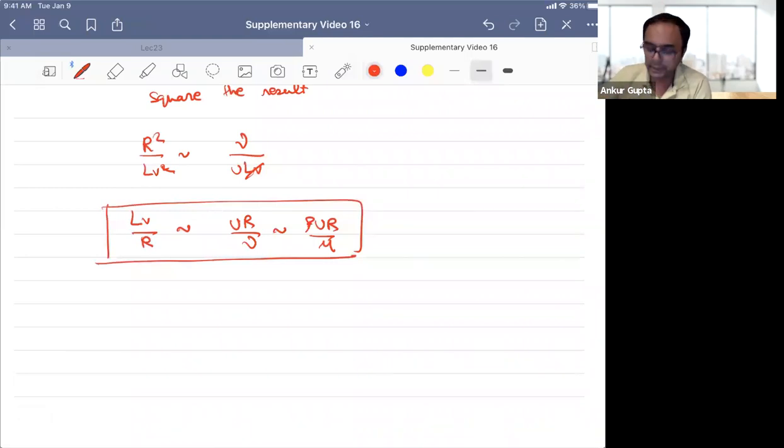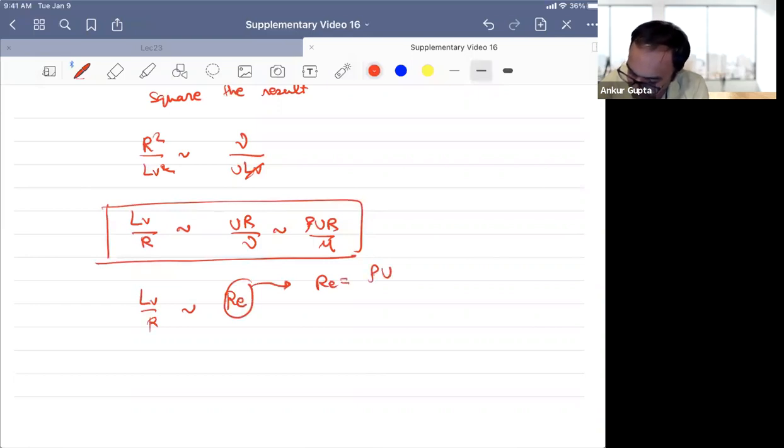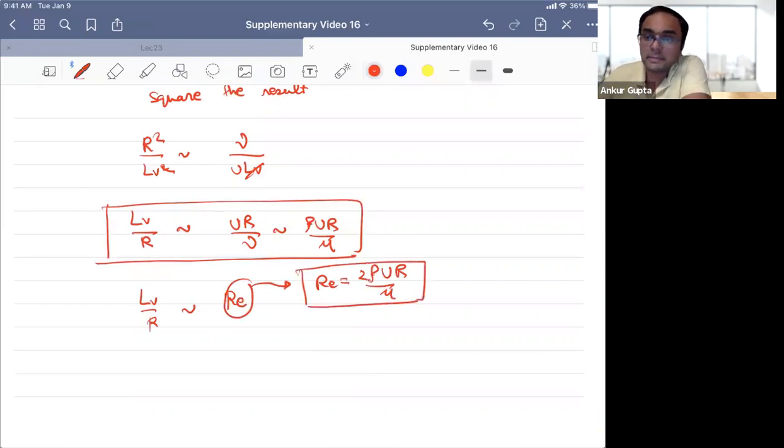The main point is that LV by R is related to RE, where RE is more precisely defined as rho U D by mu, or 2 rho U R by mu. This is a standard definition in a cylindrical pipe. Reynolds number is defined based on the diameter because it's convenient, that's the right length scale, and so on.